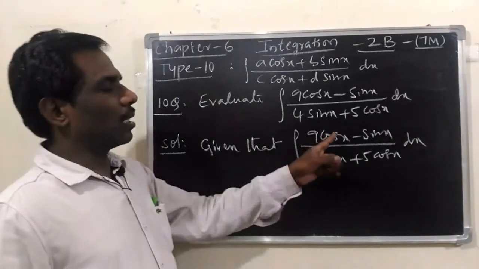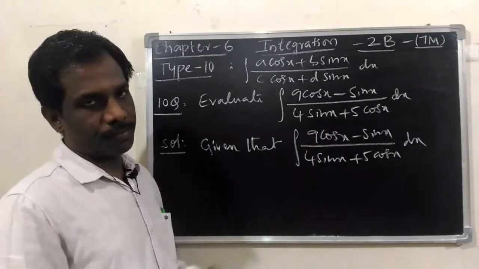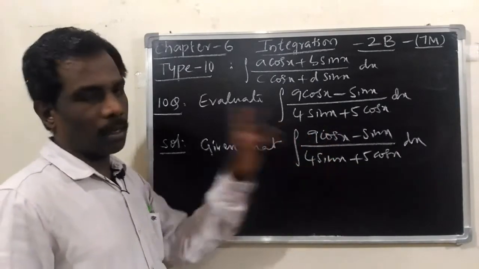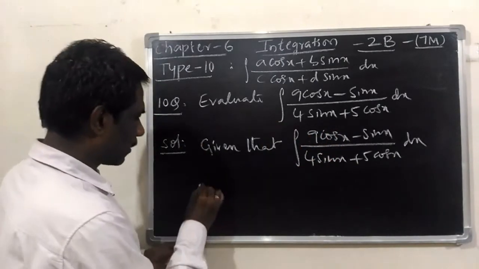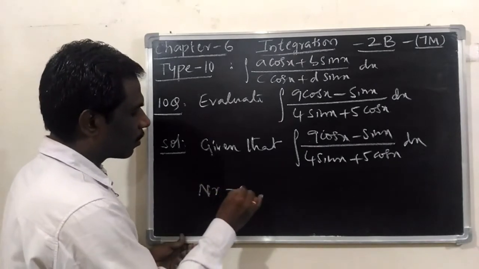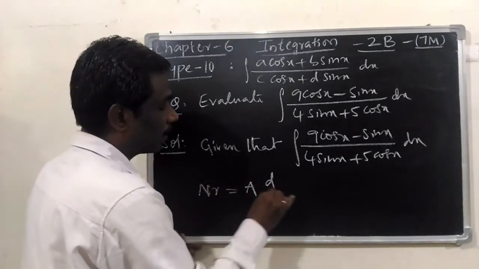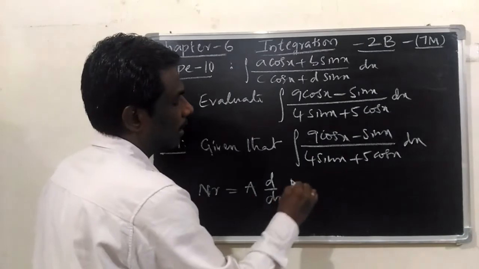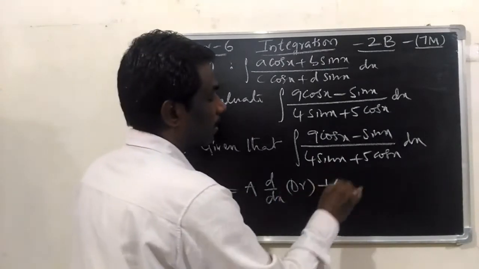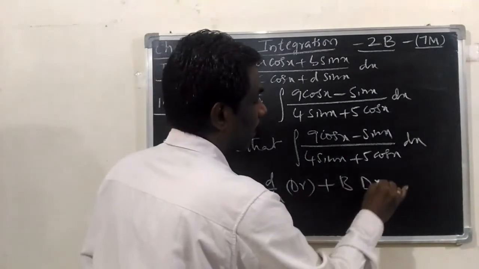Here the question is in the form of a fraction. It has a numerator and a denominator. Now we can write numerator is equal to a into d by dx of denominator plus b into denominator.